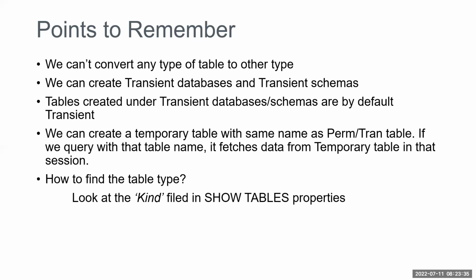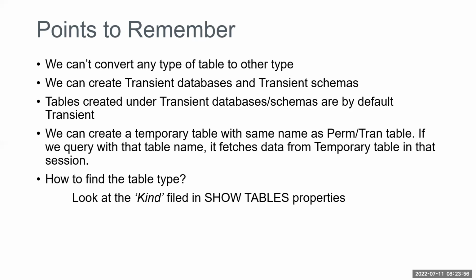Okay. And how to find the table type? This is very important. As of today, we have created many tables. And have you noticed anywhere it is a transient table, it is a temporary table, or it is a permanent table? No, right? Because it was there, but we did not notice it. Okay.